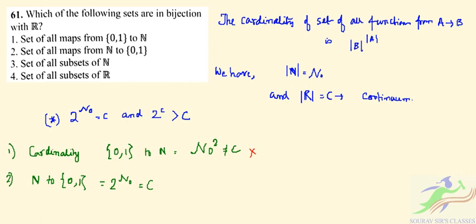We will check one by one. So what is option 3? The cardinality of the set of all subsets of N is also 2 to the power aleph-naught, which is C.